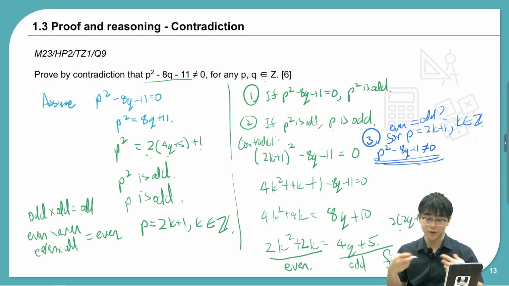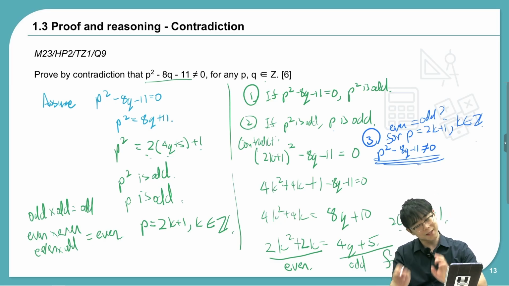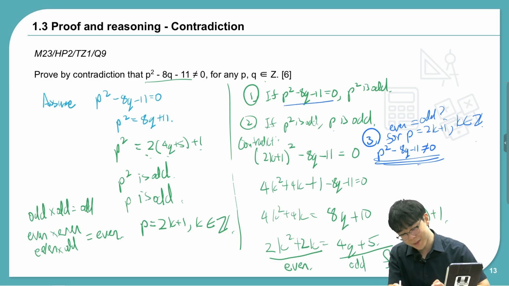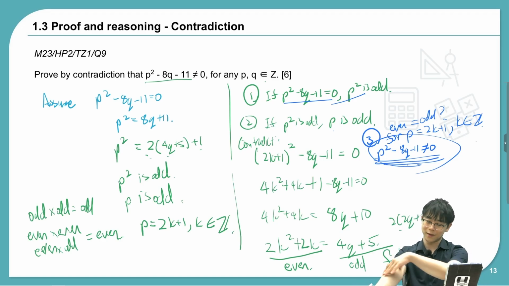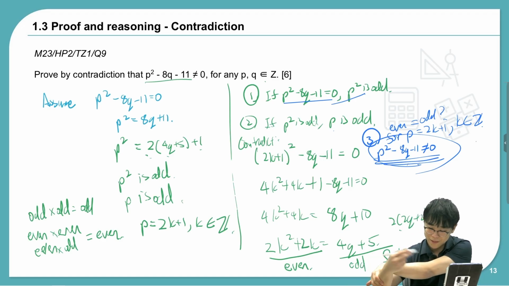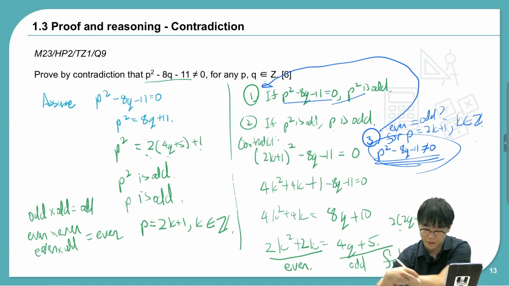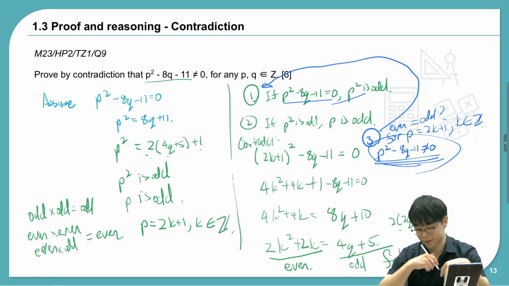Therefore, we contradict the statement. We initially assumed that P squared minus 8Q minus 11 is equal to 0, but then that led us to these assumptions that eventually make this equality not hold. So with steps 1, 2, 3, we're going back to our argument and contradicting it with our proofs, right? So this is proof by contradiction.